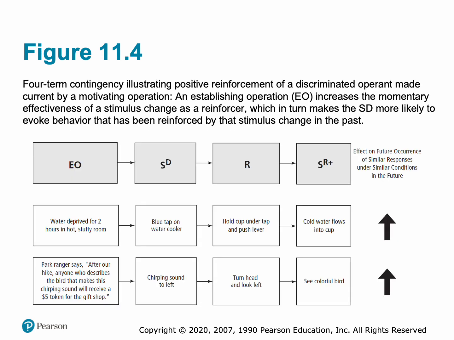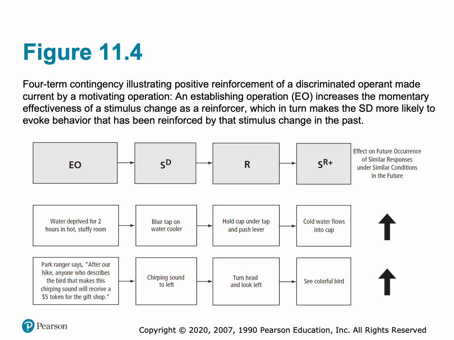So there are 2 types of motivating operations. I just described them to you, but now I'm going to break them down by terms. We have our establishing operations, and then we have our abolishing operations. Establishing operations are those MOs that are going to increase the effectiveness of a reinforcer in that particular moment.